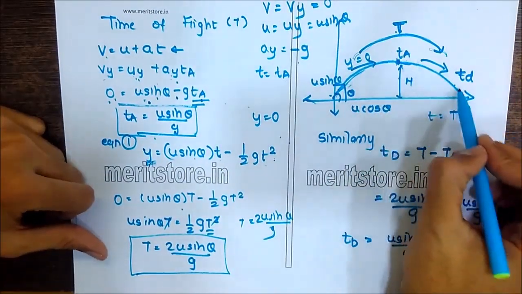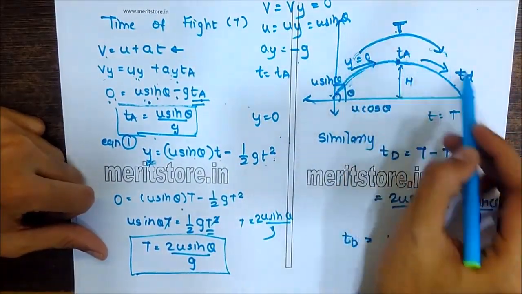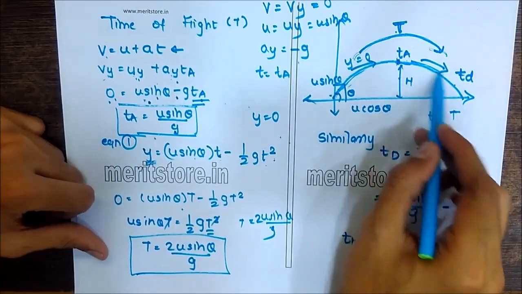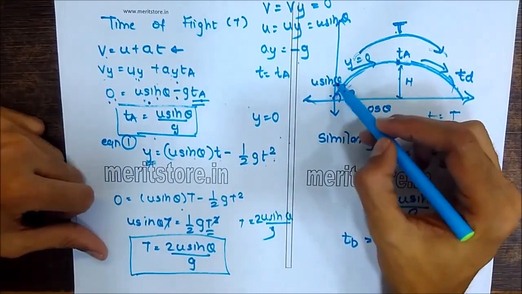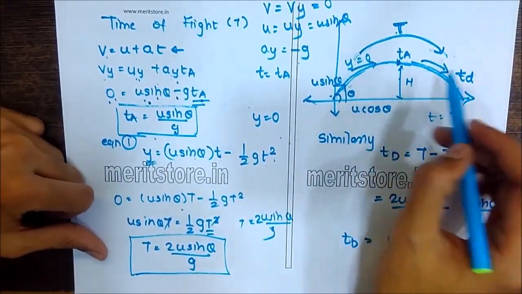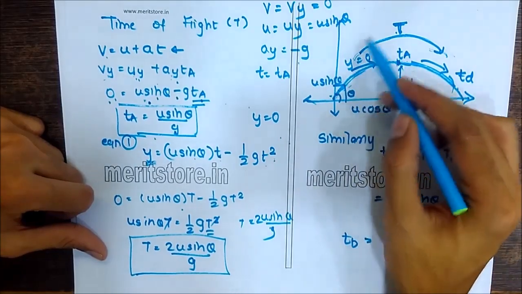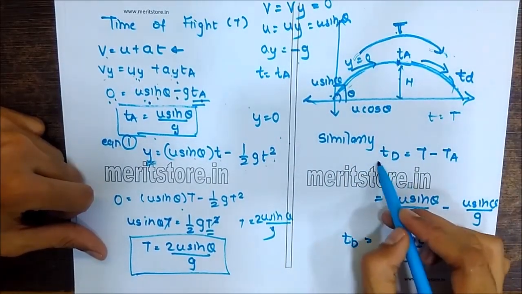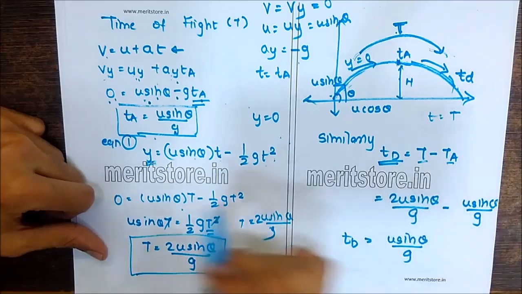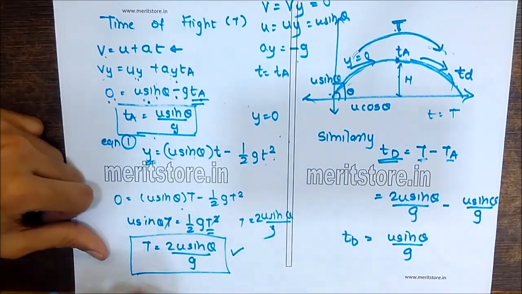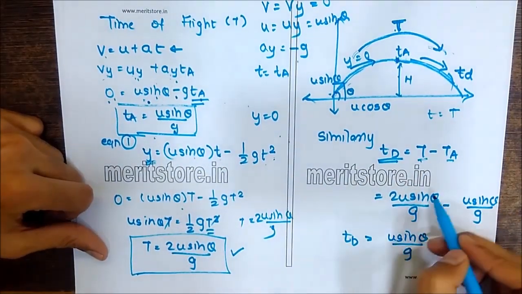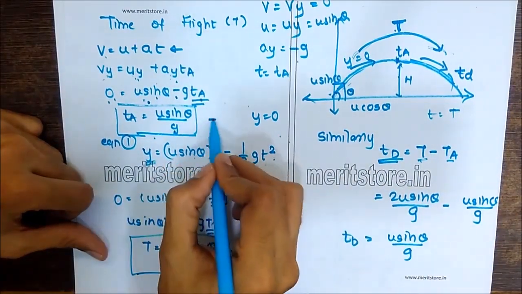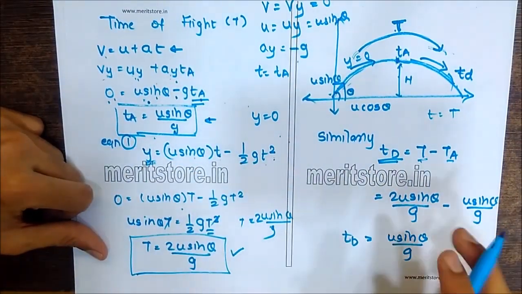Now we have found the time of ascent and the total time, and now we need to find the time of descent. That will be equal to total time minus time of ascent. So TD equals total time T minus ta. Total time T we found out is 2 u sine theta upon g, minus ta which is u sine theta upon g.